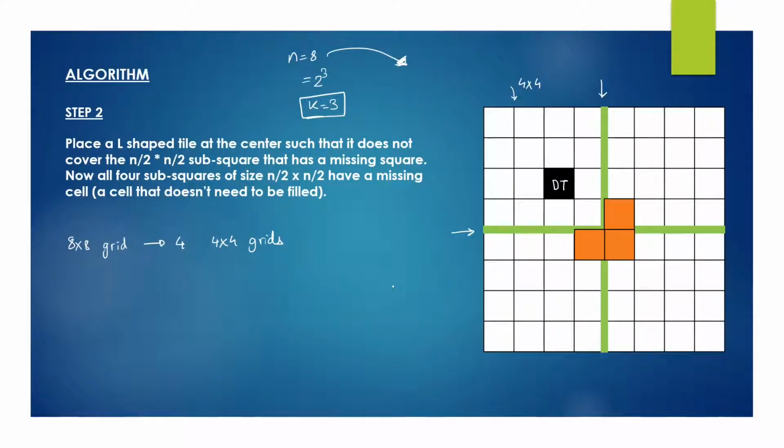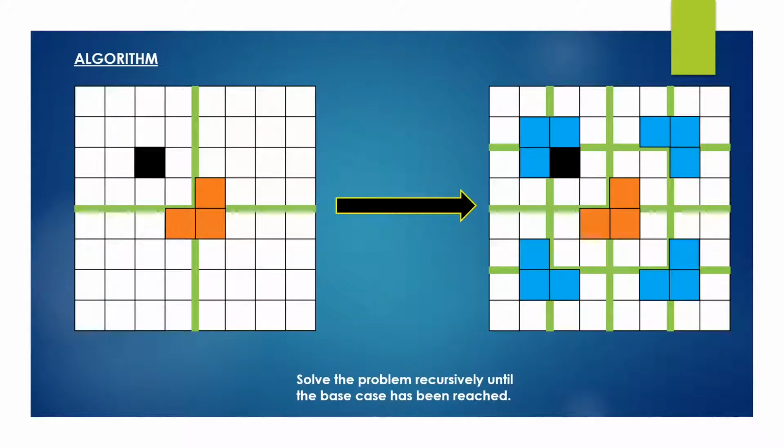Next, we're going to divide this further. As you might have guessed, we first divided 8 cross 8 into 4 times 4 cross 4. Now we're going to divide each 4 cross 4 into 4 2 cross 2 grids.